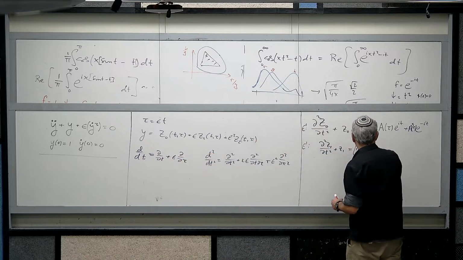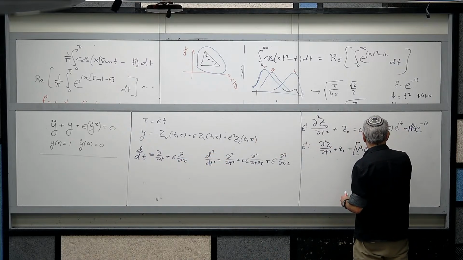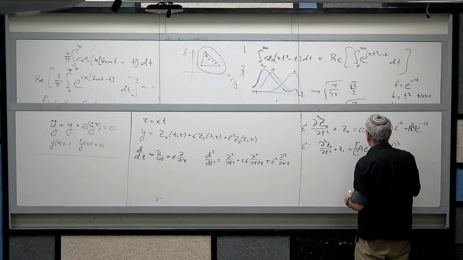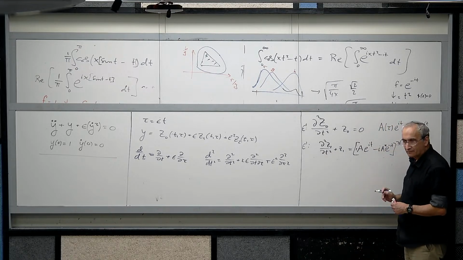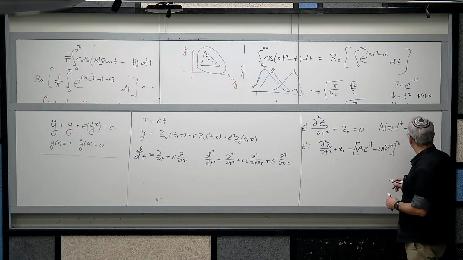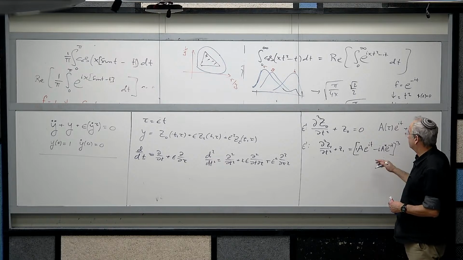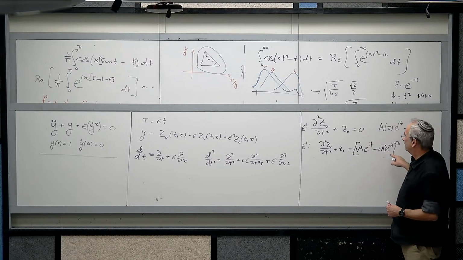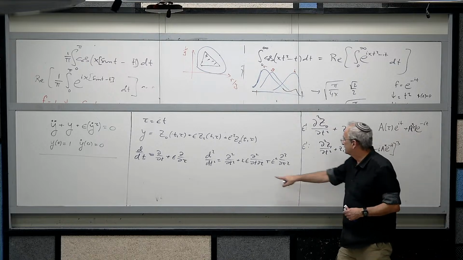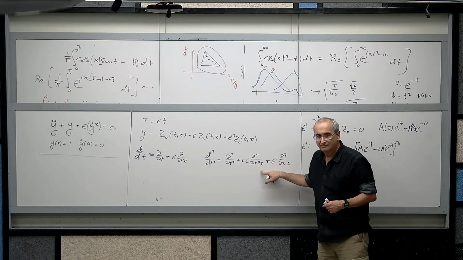So I have iA e to the it minus iA star e to the minus it, cubed. Okay, what else? This is the first thing. And we have also this thing, right?